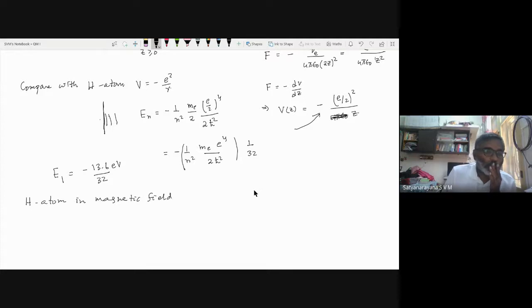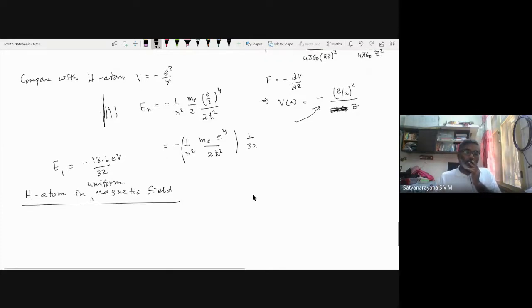Okay, so basically a uniform magnetic field. The hydrogen atom is in a magnetic field. Usually we talk of some perturbation theory if we have to solve this problem, but we will see if we can do something without this perturbation theory.